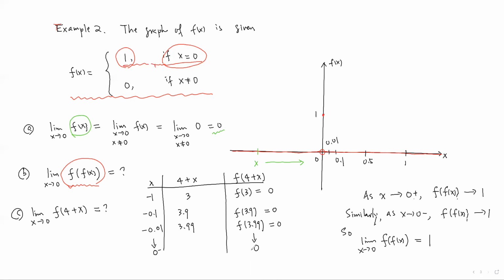Similarly, when you let x approach 0 from the right side, you also see the limit is 0. So the conclusion is that when x approaches 0, the limit is 0. These are the two examples for today.